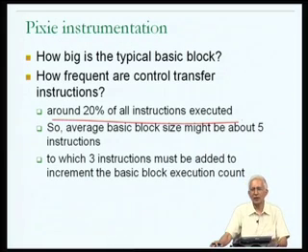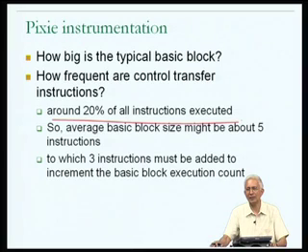All right, now the question is how do we assess whether this intrusiveness is bad and makes Pixie a mechanism that we should be suspicious about. But bear in mind that all Pixie is doing is giving us basic block execution counts. And the accuracy of the count is not going to be affected by the size of the program. Even if the program becomes hundreds of times larger and suffers huge amounts of cache misses and page faults, the accuracy of the count is not going to be affected.